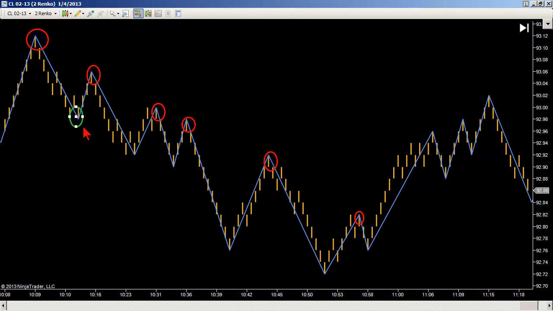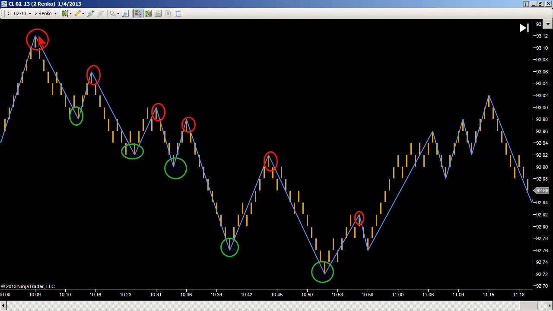And also these turning points right here, these are lows, and it's lower lows and lower highs. So these are all turning points or pivot points or whatever you want to call them, but they're put in after the fact, because you don't know when the equity's turned until after it's turned.